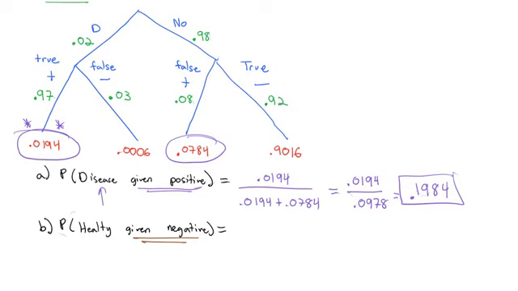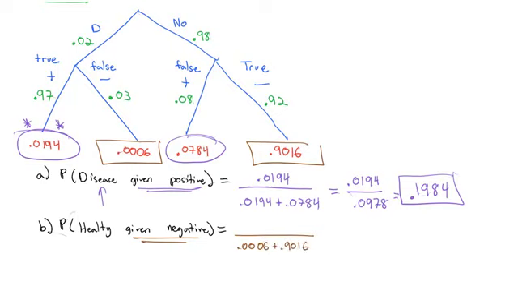Well, now what's given to us is negative. So we focus our attention in the table on the 2 negative values, and those become my denominator, 0.0006 plus 0.9016. The numerator is what I'm looking for, that I'm healthy, that I don't have the disease.